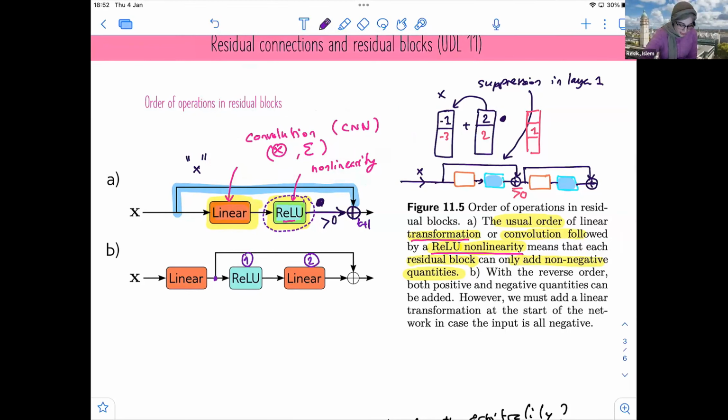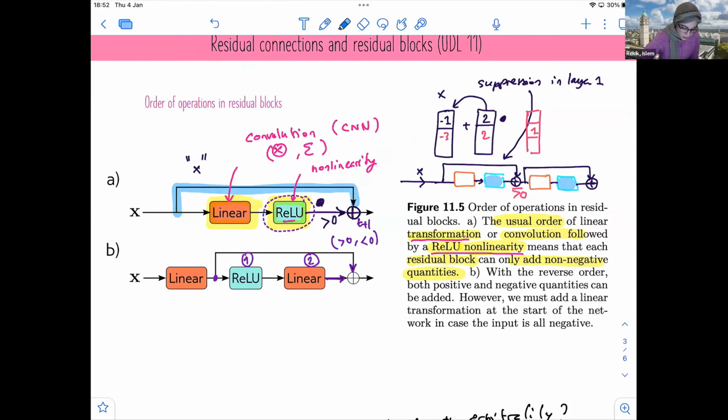So here, when we add up the data, we add up the data before the ReLU. So this data might have negative and positive values, okay? And we add it right here to the output of the linear layer. So somehow we are preserving the possibility of having negative values.